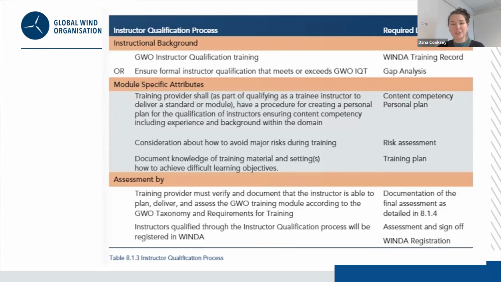You just go through IQT one time, or you just do your instructional background once, and then you develop your module specifics based on your different competencies. Someone coming out of the field is going to have a lot of technical knowledge that they're then developing a little further in order to deliver those trainings. So currently, new instructors and current instructors would all have the option of using each of these processes.